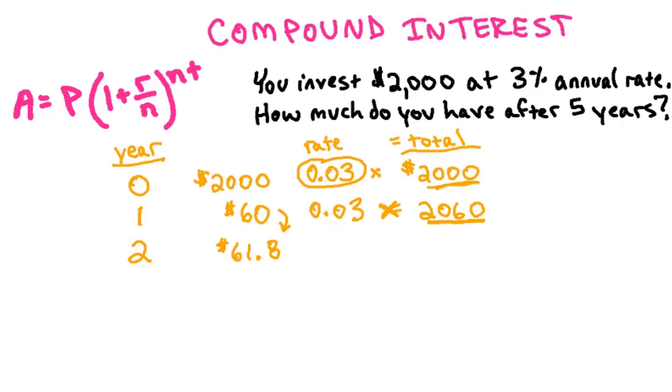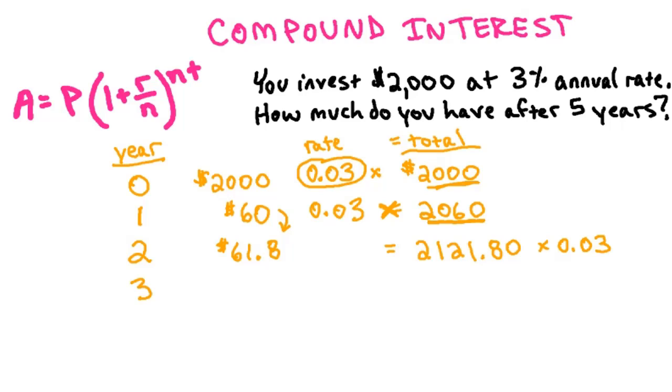So we're going to take that $61.8 plus the $2,060 you had in that account, and that's going to give you $2,121.80. Now that's at the end of year 2. Now at the end of year 3, they're going to take that 3%, that 0.03, and multiply it times what you have already in the bank account, which is $2,121.80.